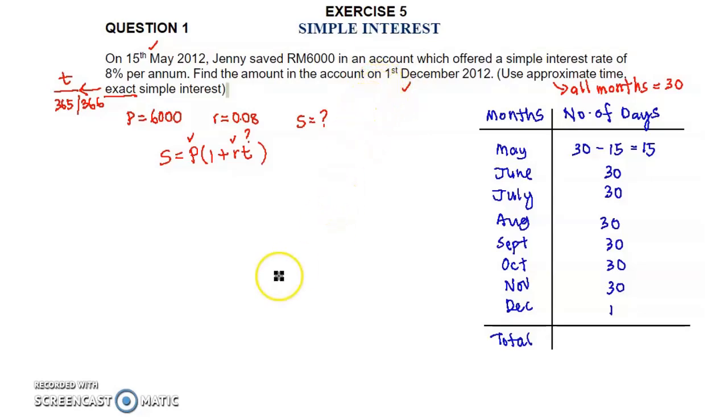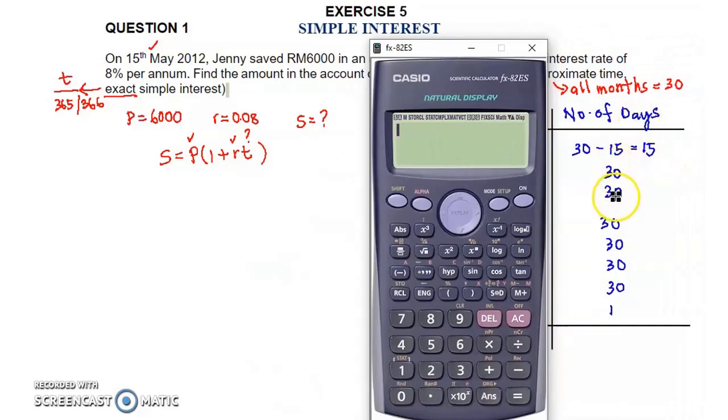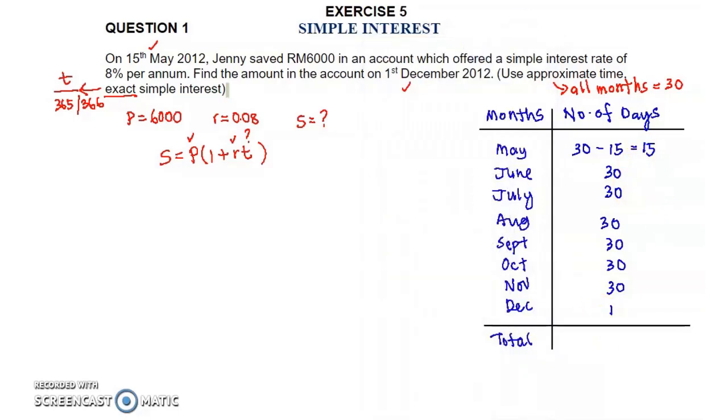Okay, calculate this one. 6 times 30, 180, plus 15 plus 1, 16. So 196 days. Now substitute the values.